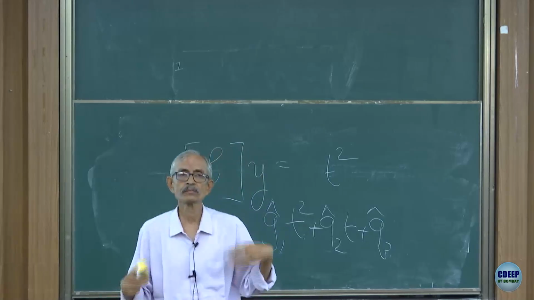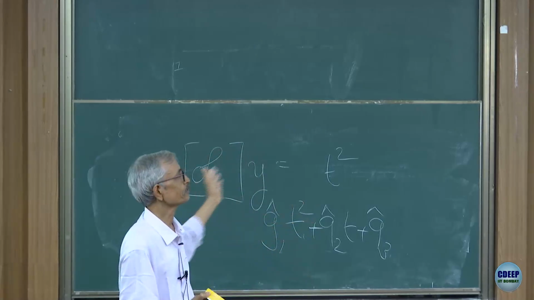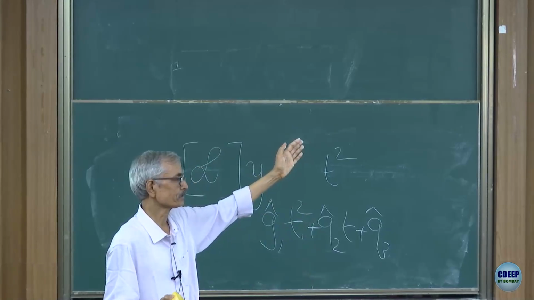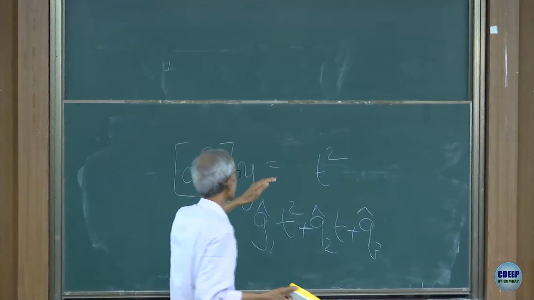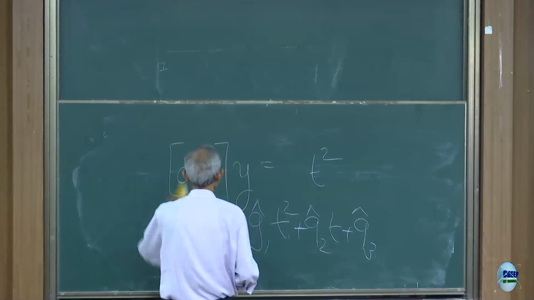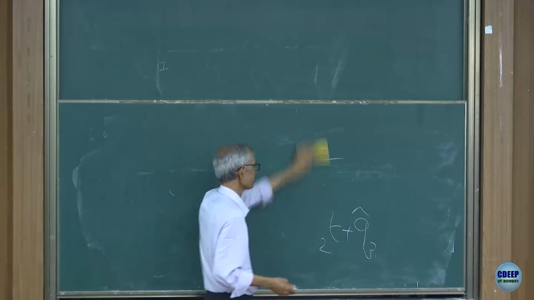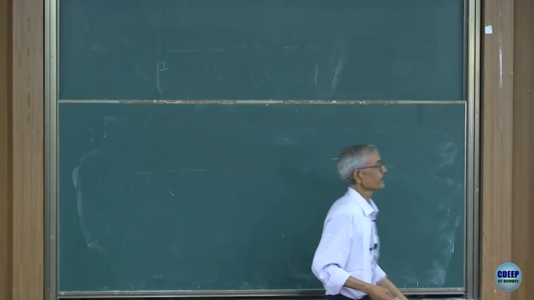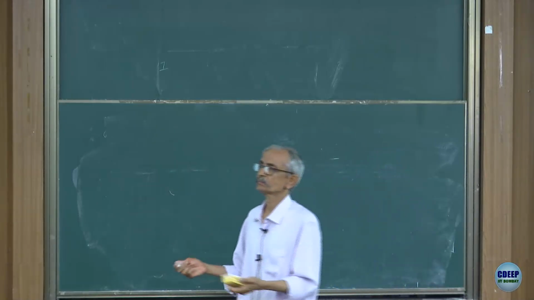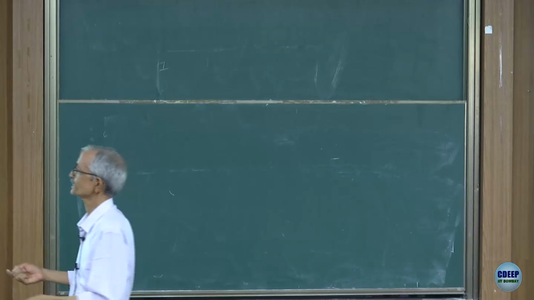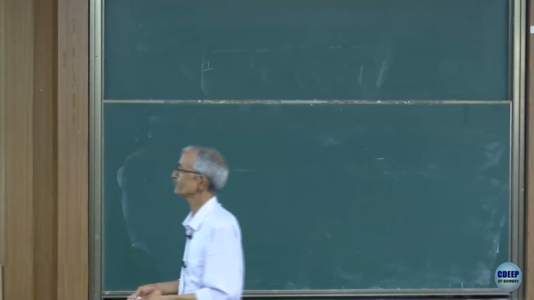Even though we have said that this is a first order differential equation, it need not be; it can be any order differential equation. The methodology remains the same. Now, it's not always going to be a polynomial on the right hand side. It could be several different variants there.